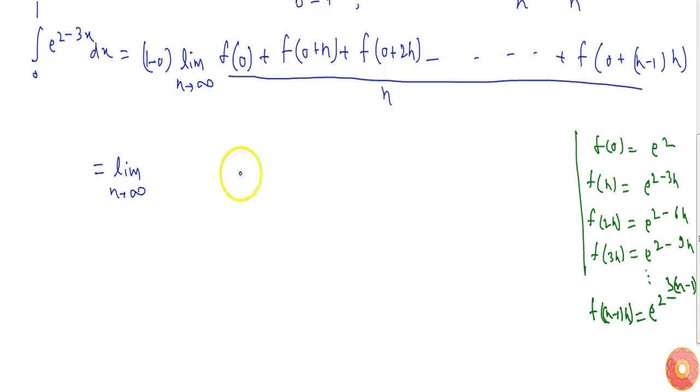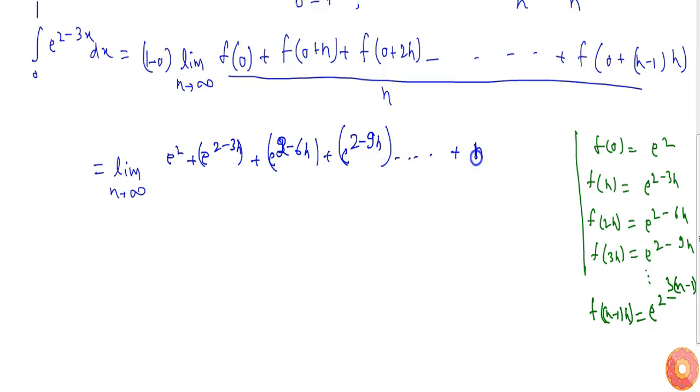So putting the values of f(0), f(h), f(2h), f(3h), I'll get e square plus e power 2 minus 3h plus e power 2 minus 6h plus e power 2 minus 9h up to e power 2 minus 3(n-1)h, divided by n.